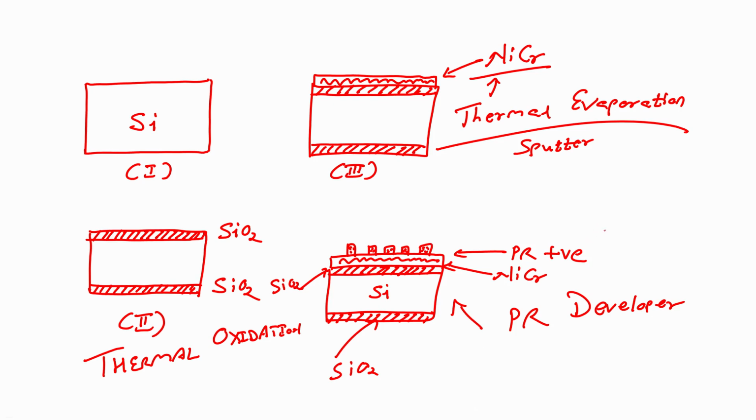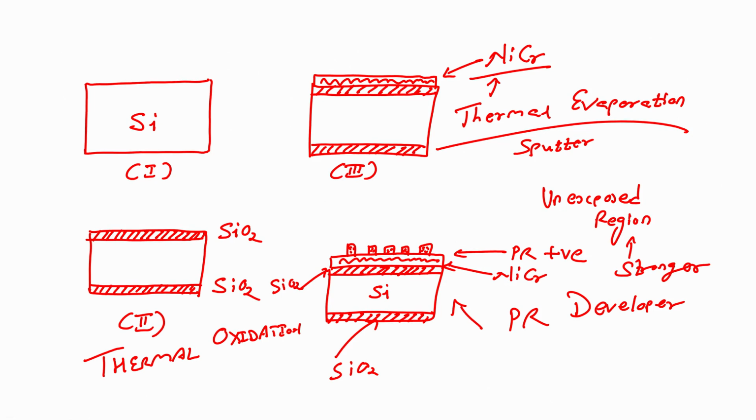Why? Because it is a positive resist. For the positive PR, the unexposed region becomes stronger, we know that. So, this photoresist is here.